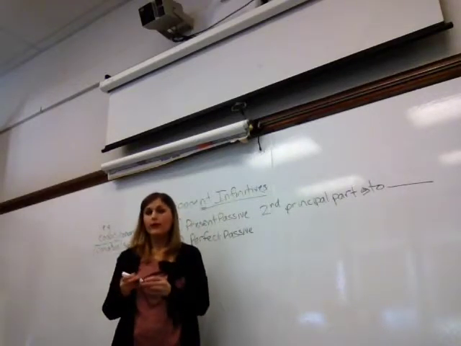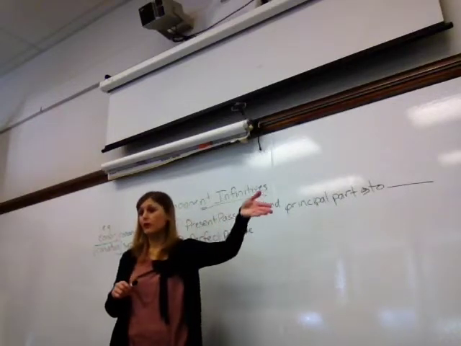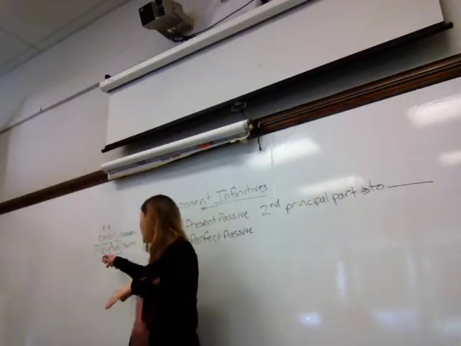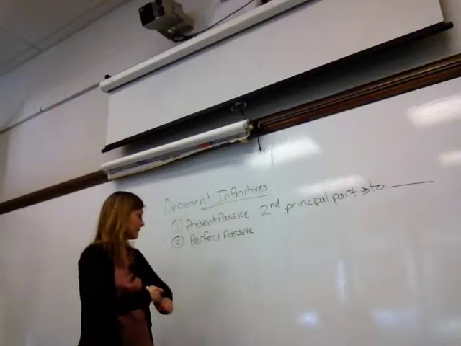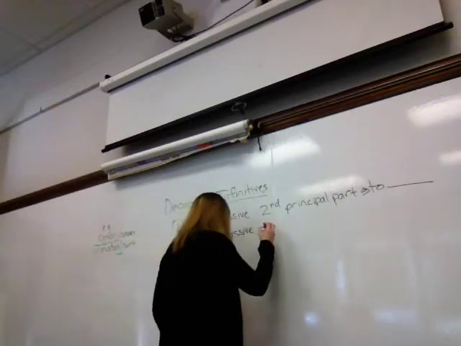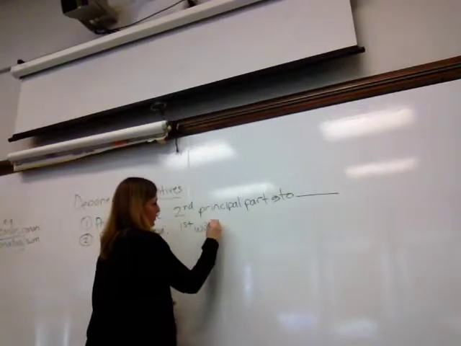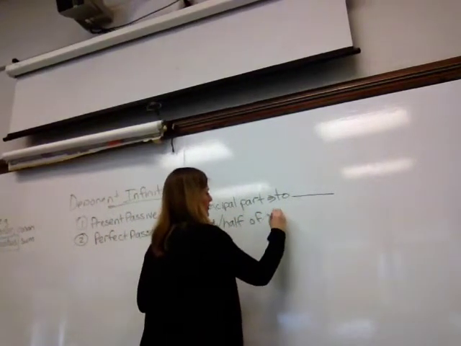Good. In regular verb land, we took the fourth principal part and paired it with esse. But Angela's appropriate suggestion is to take what we need from the third principal part and then add esse. So your perfect passive infinitive is the first word, or the first half, depending on how you're imagining it, of the third principal part.